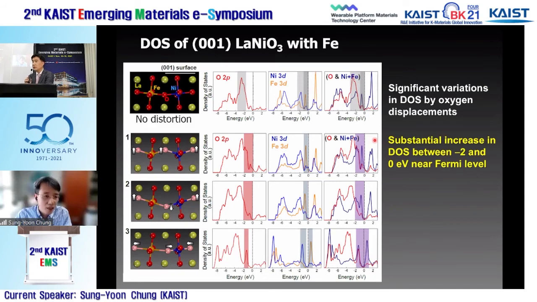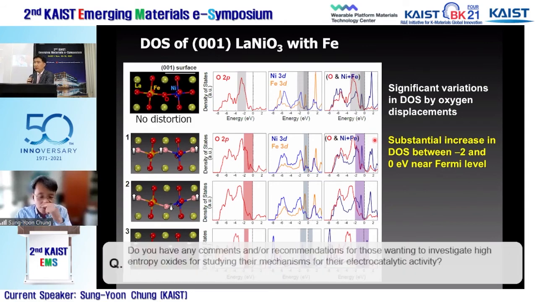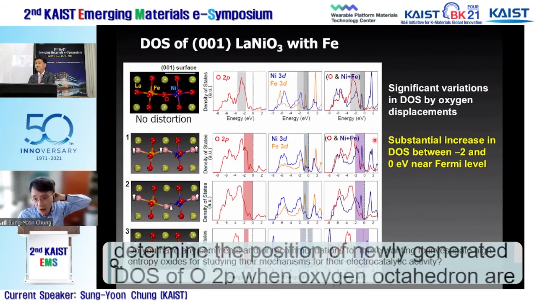Okay, second question. Thank you for providing us with many beautiful examples of advanced TEM analysis. Do you have any comment or recommendation for those wanting to investigate high entropy oxide for studying the mechanism of their catalytic activity? Oh yeah, because high entropy means different composition atoms, so many different atoms are included in one single sample.